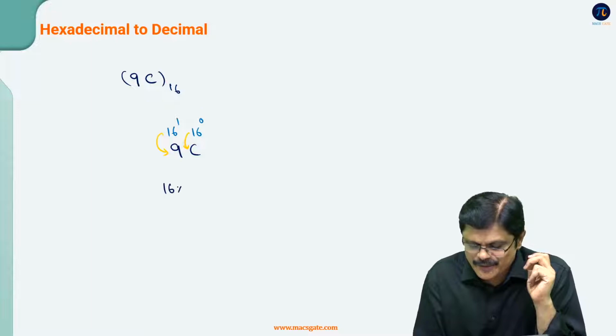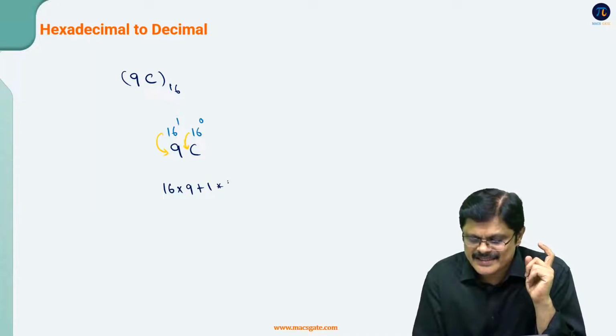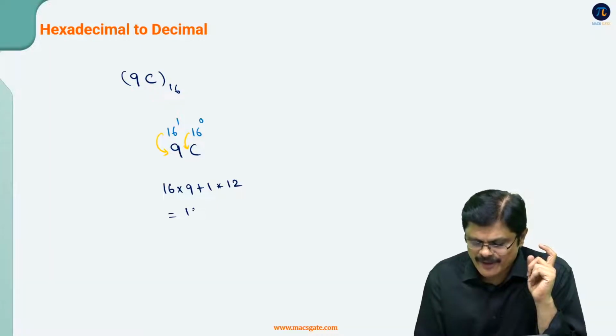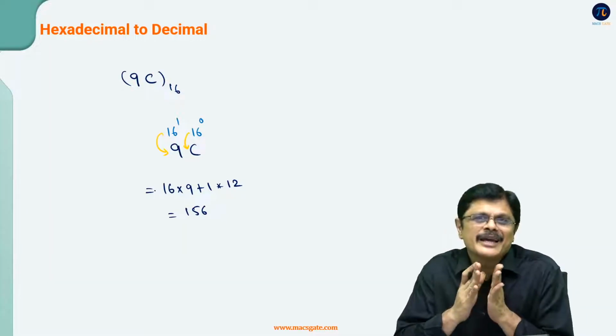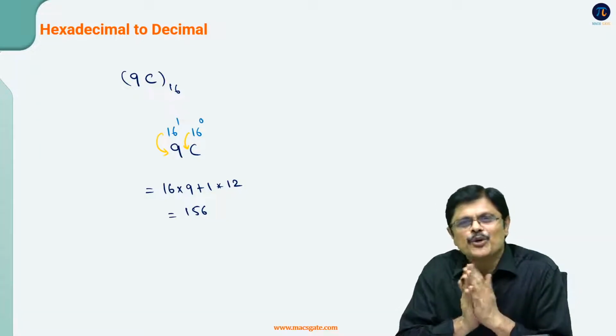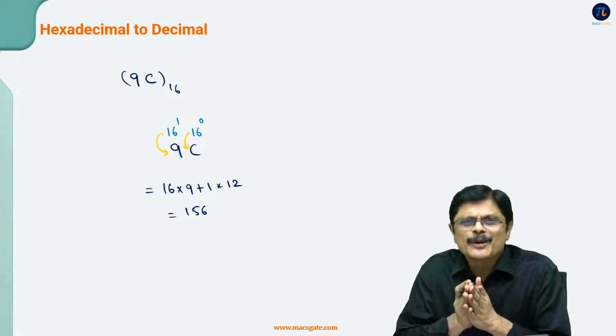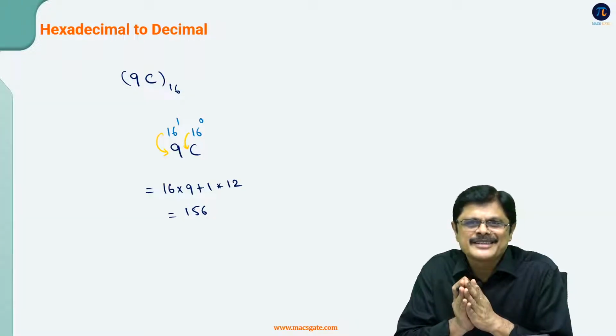So 16 into 9 plus 16 power 0, which is 1, into C, which is 12. If you simplify, you get 156. So we can go from hexadecimal to decimal and decimal to hexadecimal. Similarly, decimal to octal and octal to decimal. This is a simple process of conversion, my dear friend.